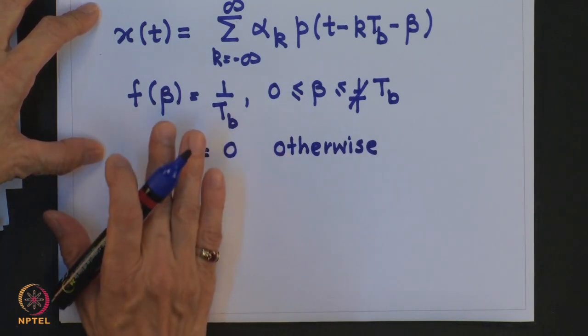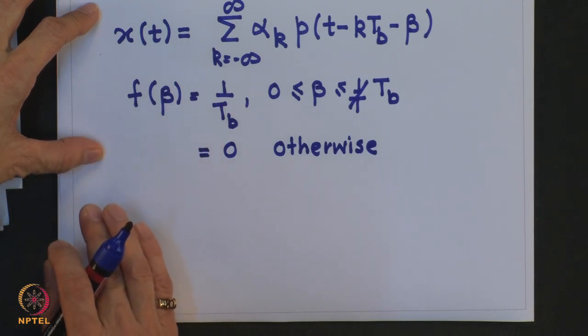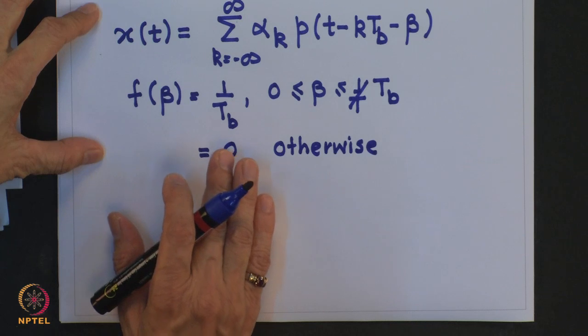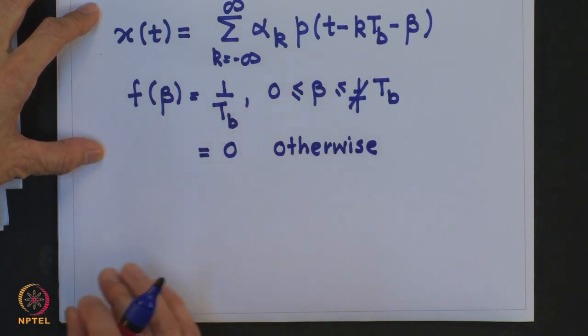Now, before we carry out the power spectral density calculation, we mentioned that it is important for the process to be at least wide sense stationary.